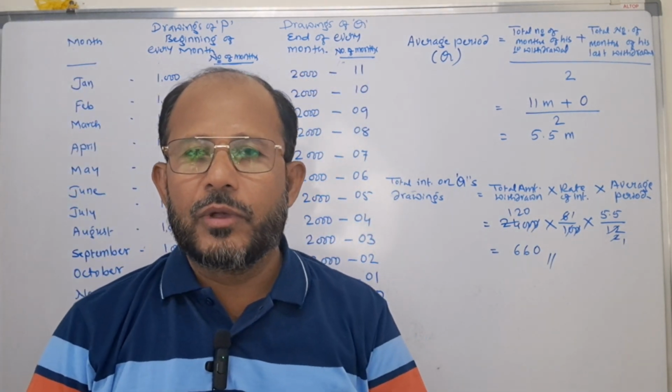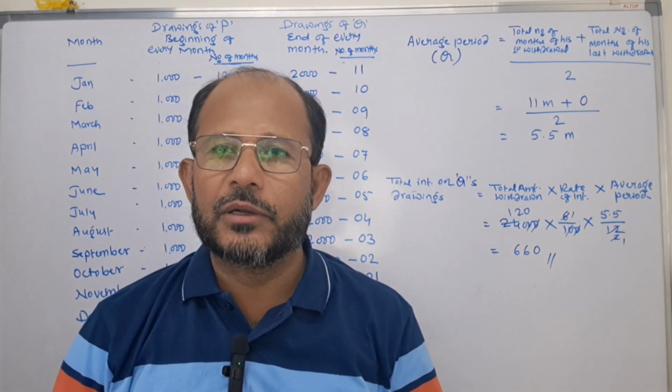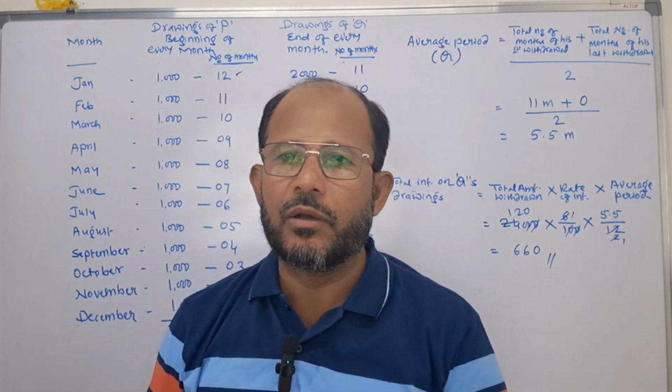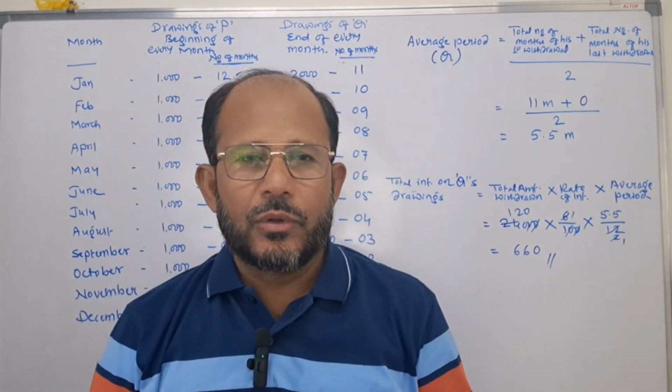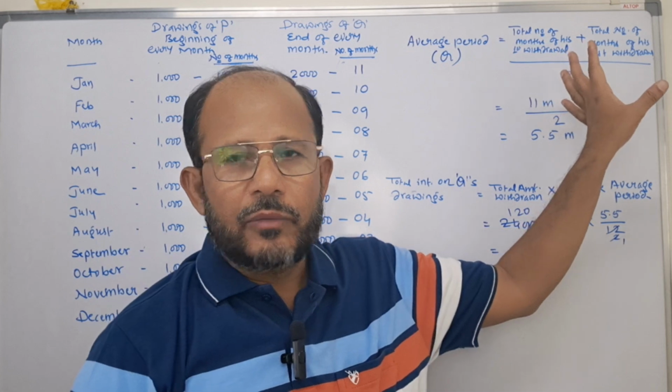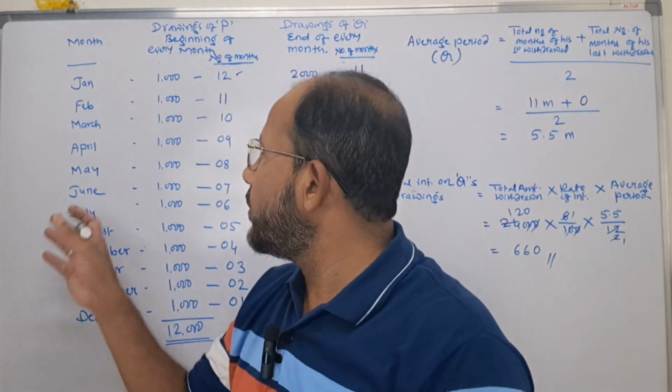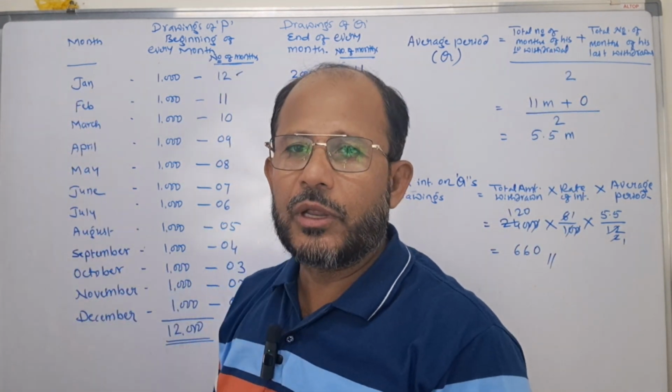This is the way how we calculate interest on drawings of partners if the amount is withdrawn at the beginning of every month or at the end of every month. What you need to do? You need to remember the formula. Sometimes the amount may not be withdrawn by the partners the whole year.